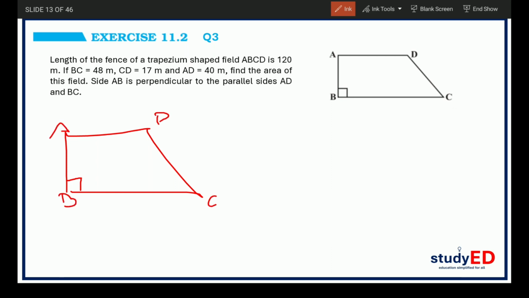Now BC is going to be 48, CD is 17 and AD is 40. Find the area of this field. Side AB is perpendicular to the parallel sides AD and BC. Now to find the area of a trapezium, we need parallel side 1, parallel side 2 and the height.